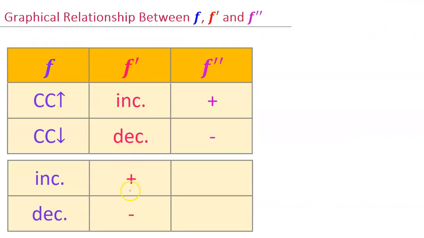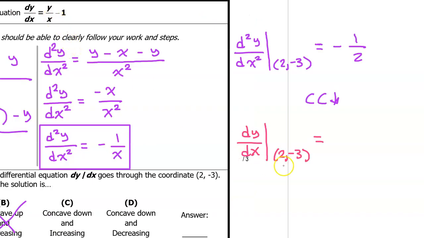Back in first semester, we also learned that the first derivative will tell us whether or not the original function is increasing or decreasing. If the first derivative is positive, the original function is increasing. If it's negative, then the function is decreasing. So let's evaluate the first derivative at 2, negative 3 and see what's going on. So here is the first derivative.